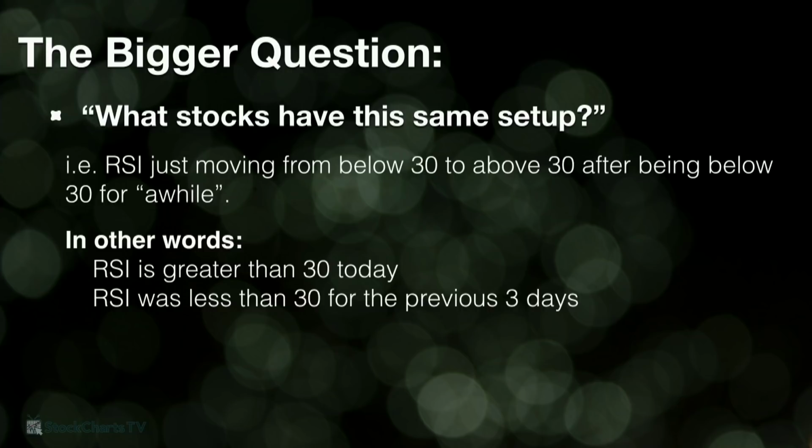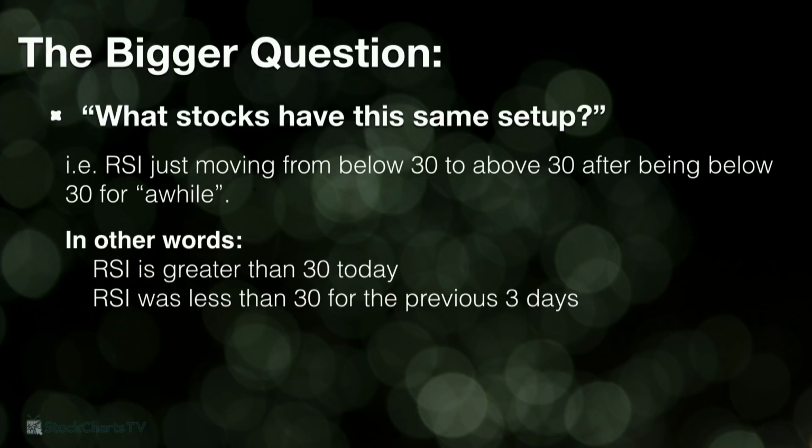So in other words, we want to see any chart where the RSI value for today, right now, is greater than 30, but also where the RSI value for the previous 3 days was less than 30, and 3 is arbitrary.